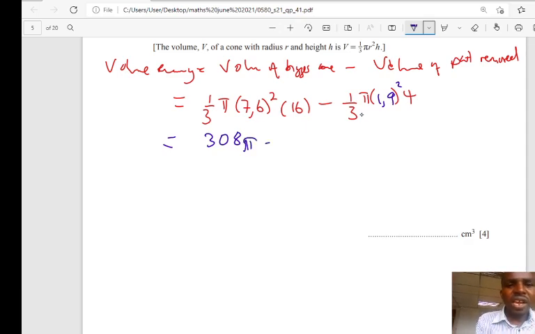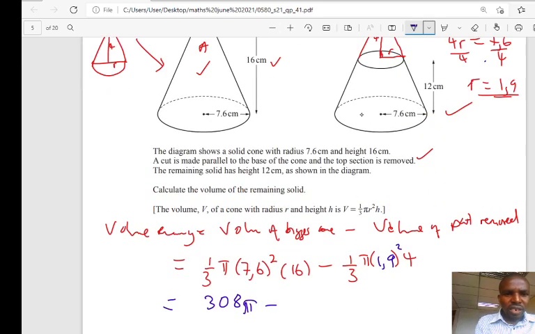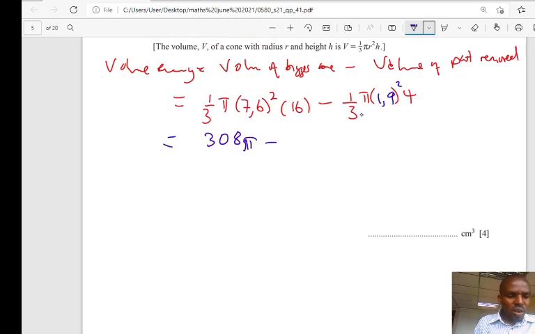Then let's just multiply by pi right away, times pi on your calculator. Is it in terms of pi? No, it's not in terms of pi. So you can just use pi on our calculator.